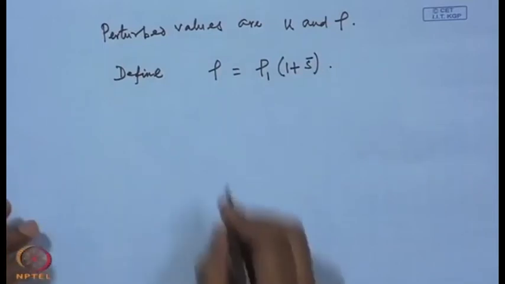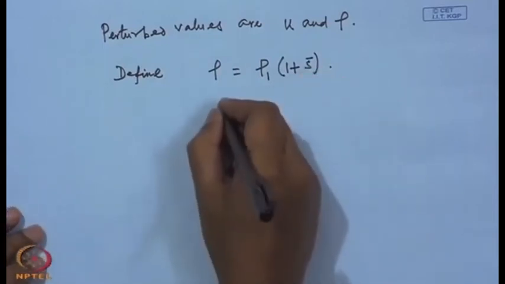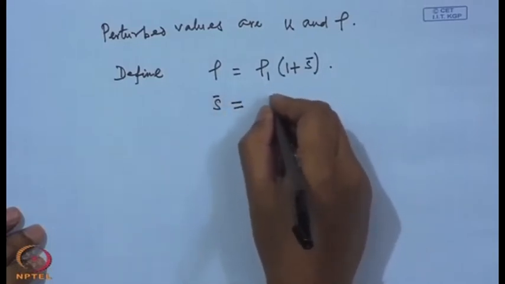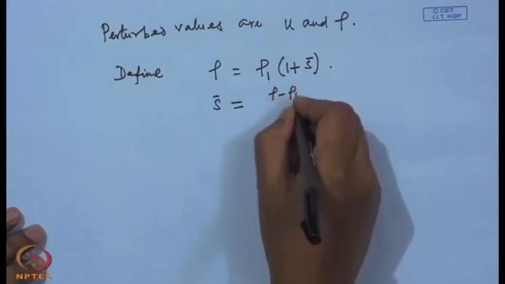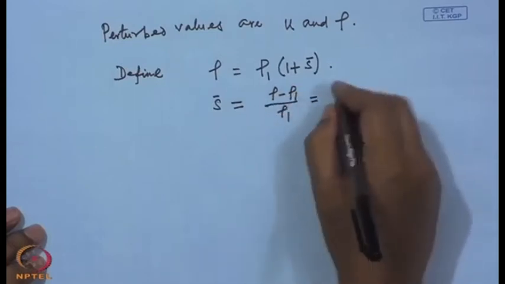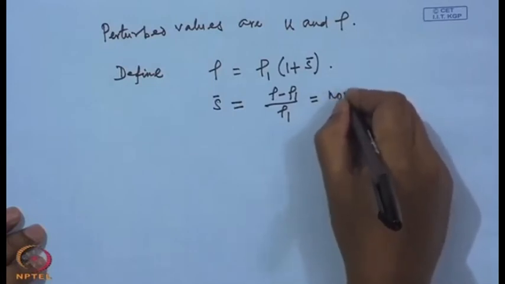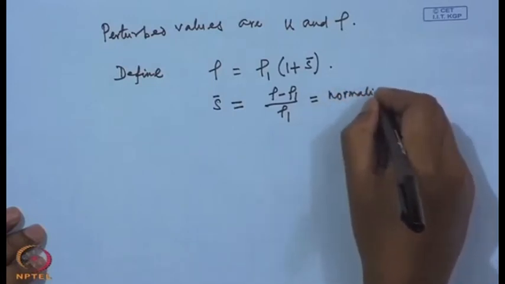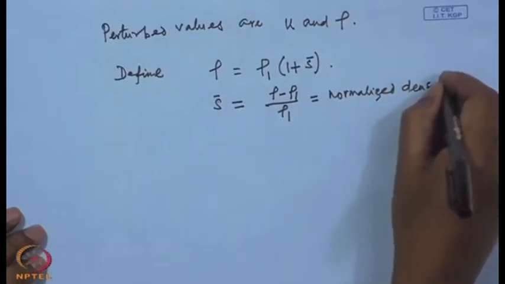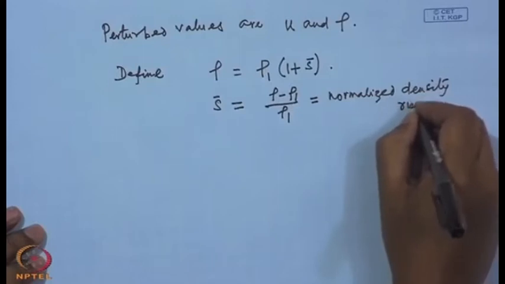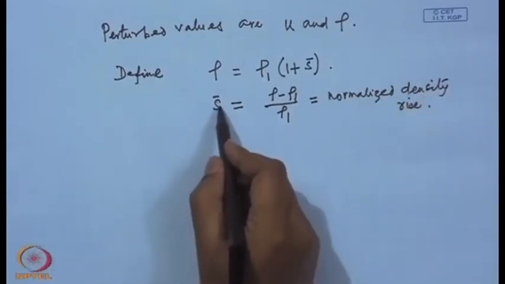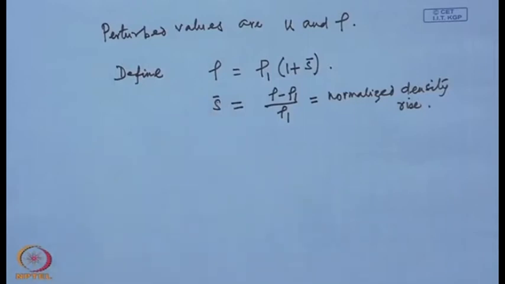This dimensionless quantity S bar is simply rho minus rho 1 by rho 1, that is the normalized density rise. Note the use of this symbol S bar.